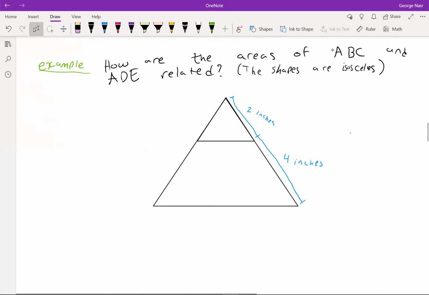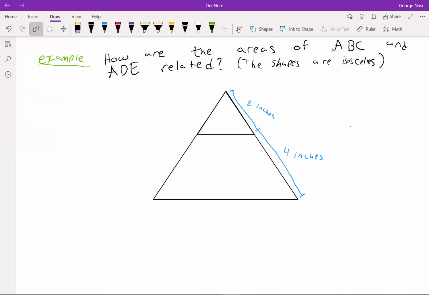So let's start with this one. How are the areas of ABC and ADE related? So both of these are isosceles triangles. Now, I did not give you the heights. Technically, because you guys now have the Pythagorean theorem, you could figure out the height and figure out the areas of these two triangles.